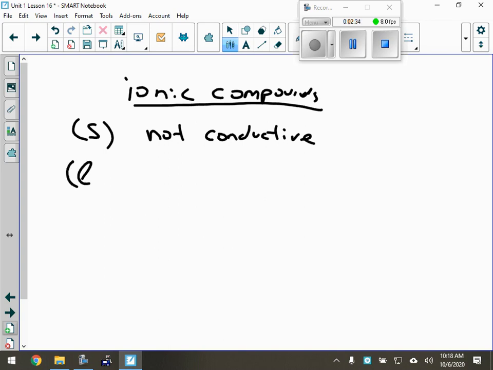In liquid form, if you melted it, not only would you find out the melting point of the compound, but you'd also find out that it becomes a very good conductor. Liquid salt, for example, is a very good conductor. Most of us would never know what that looks like because you would need about 800 Celsius to melt it. So I doubt most of us have melted salt.